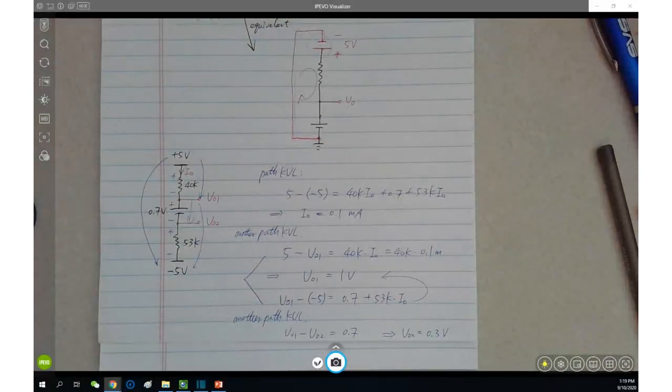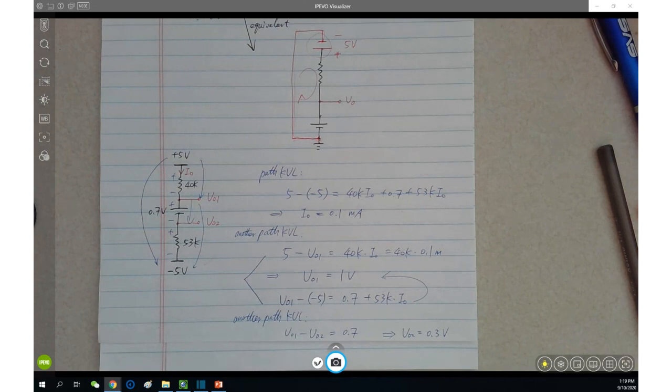If you have a very complicated circuit, one pass KVL may not be sufficient. However, pass KVL always works, so maybe you need more. It's just a matter of how many you need. So pass KVL always works and is very flexible.